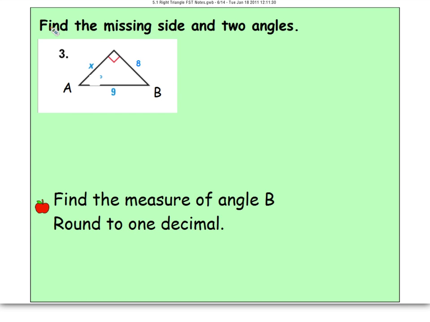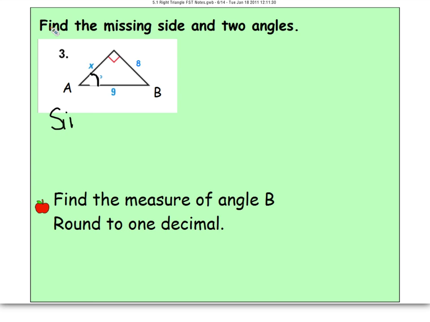Let's try this example. Find the missing side and the two angles. Let's go ahead and actually find the angles first, and let's look at angle A. So to find angle A, since I only know one measurement is 90 degrees, I have to use SOHCAHTOA. I'm going to look and see that I have the opposite side and the hypotenuse. So opposite and hypotenuse is sine.